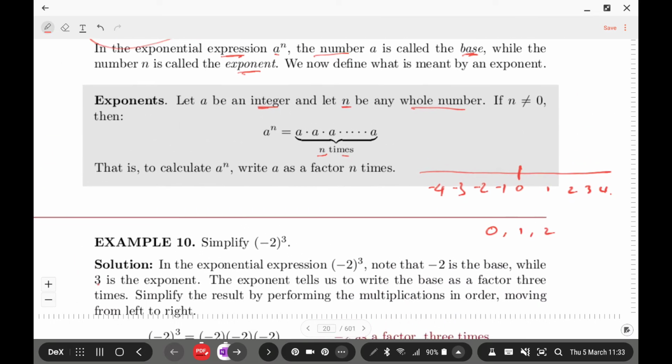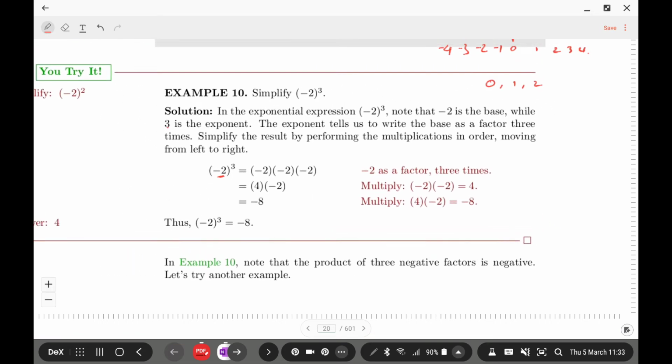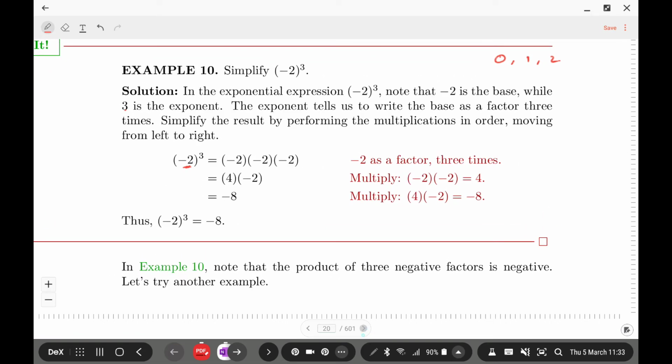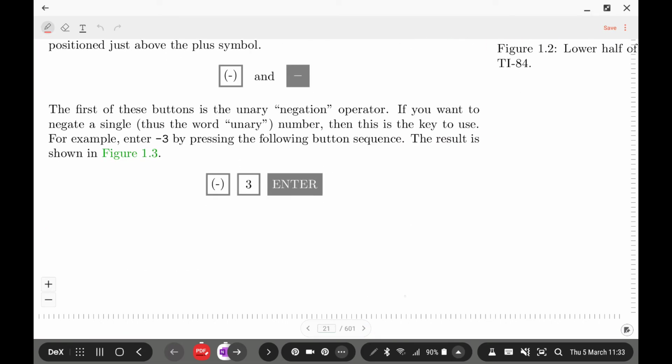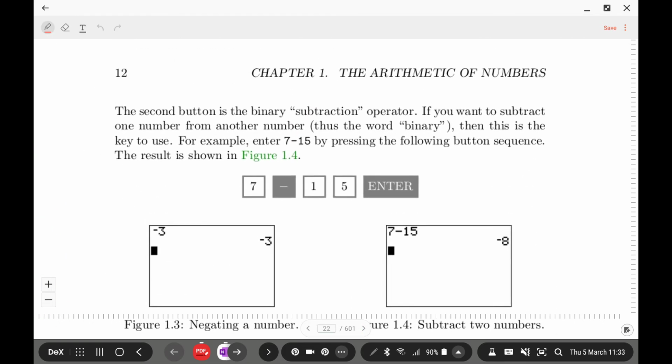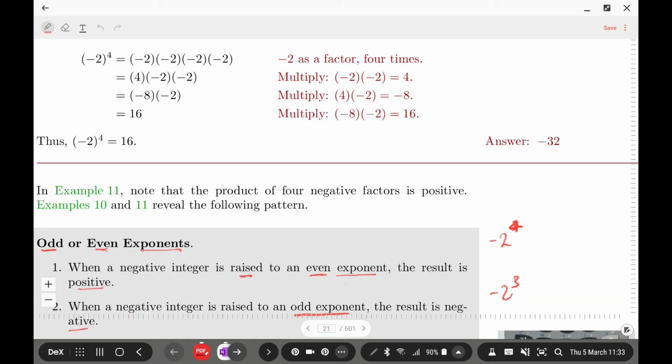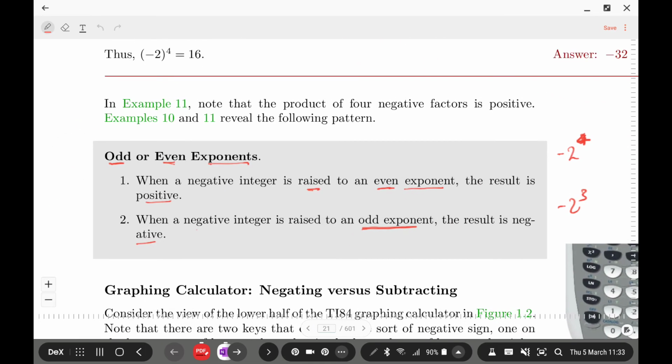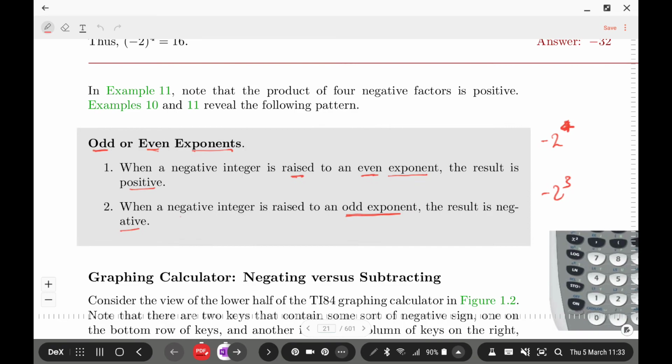And let's see, I think it's on the next page. It talks about it here. Is it here? Oh yeah, there it is. So this is all about odd and even exponents. When the base is negative, and we call this raised.